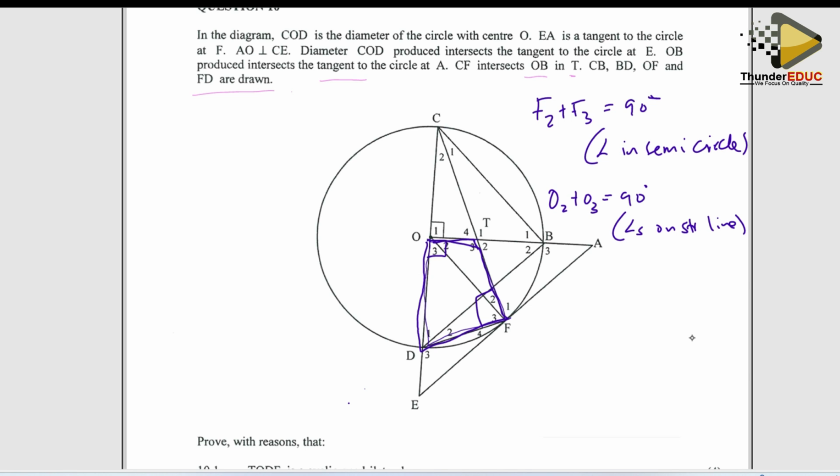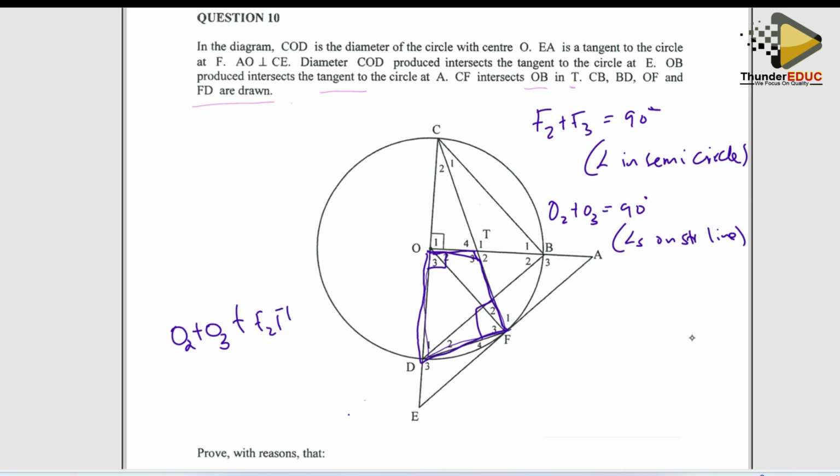Now I can see that the opposite angles are going to be 180. So I'm going to say O2 plus O3 plus F2 plus F3 gives us 180. Or someone can say that DOB plus DFT gives us 180.